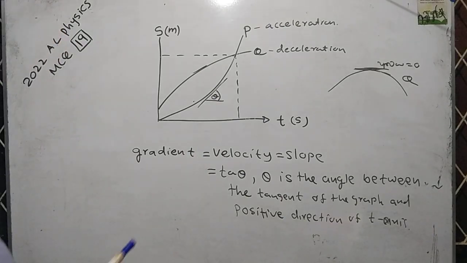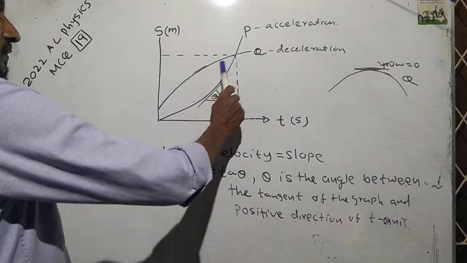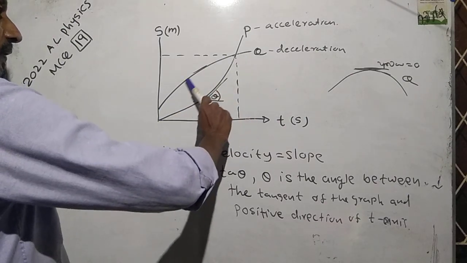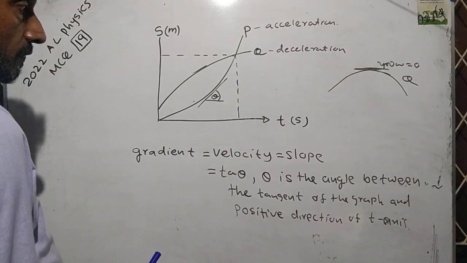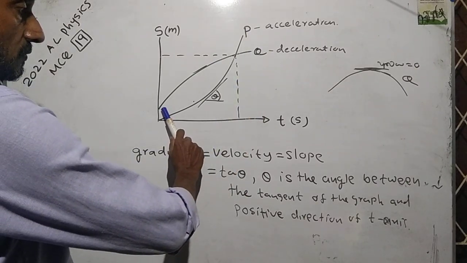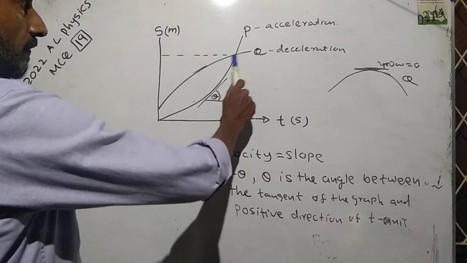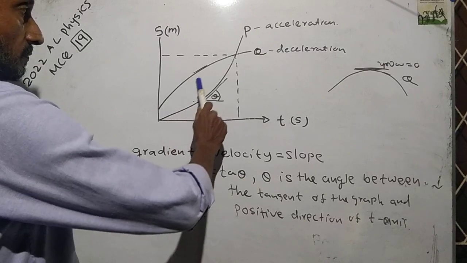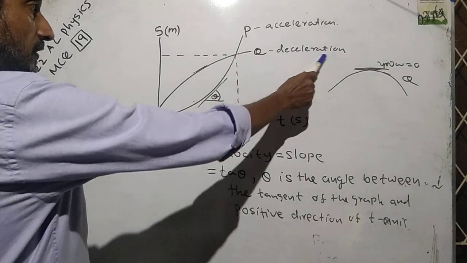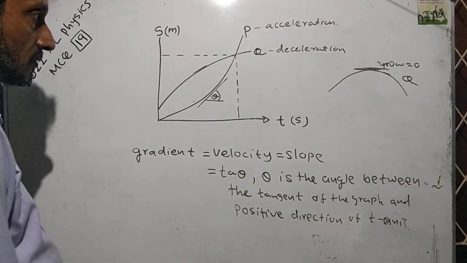Consider the gradient of the Q graph. The gradient or slope decreases. Therefore, the velocity of the Q graph is decreased, so this is a deceleration. Q is decelerating.